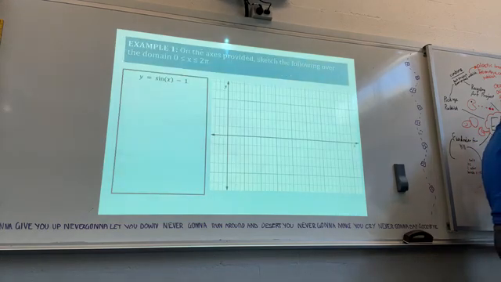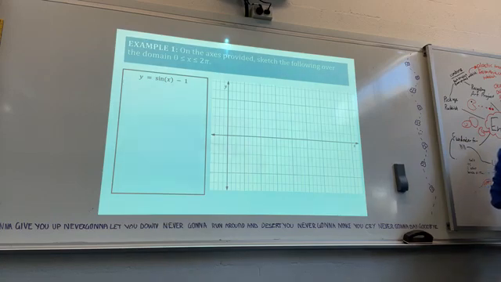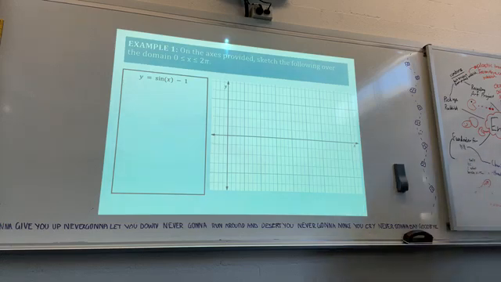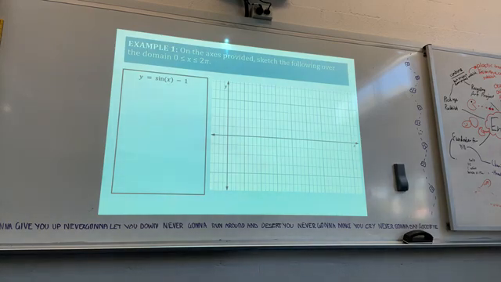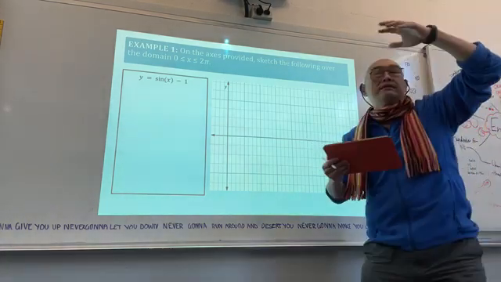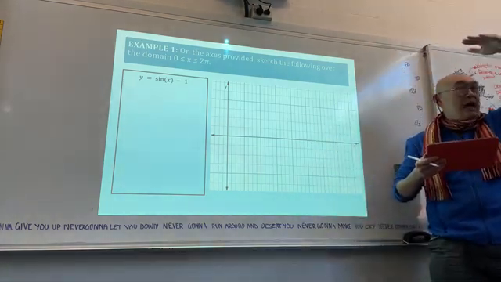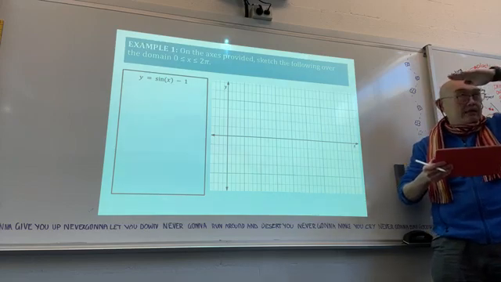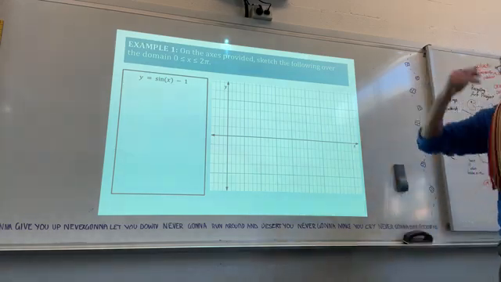Now, on the axis provided, can you sketch the following for the domain 0 to 2 pi? You need to think about how you would sketch sine x minus 1. The first thing I would do is sketch sine x first. Sine x minus 1 means the whole of the sine function is translated in the direction of the negative y-axis by 1.